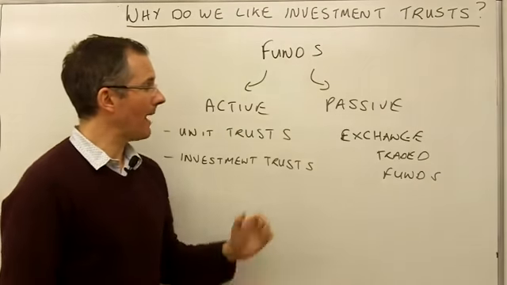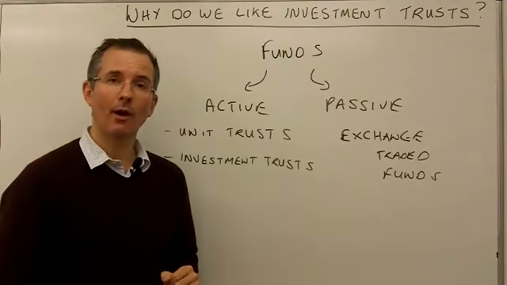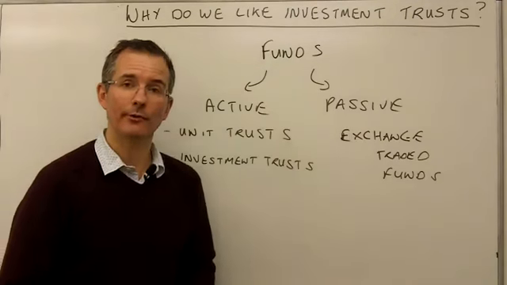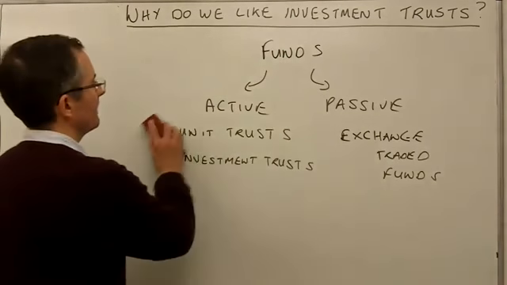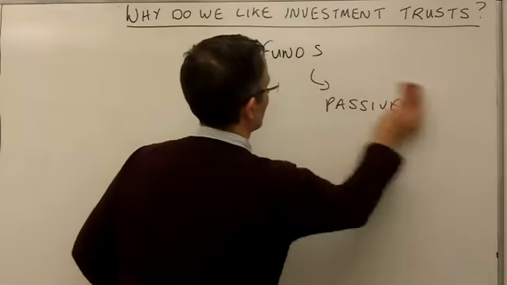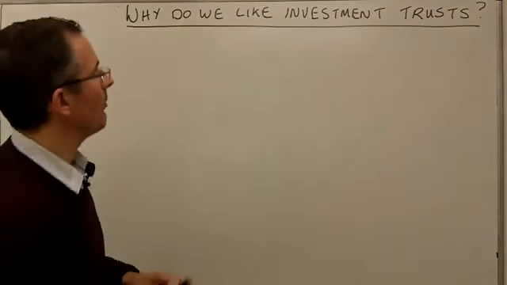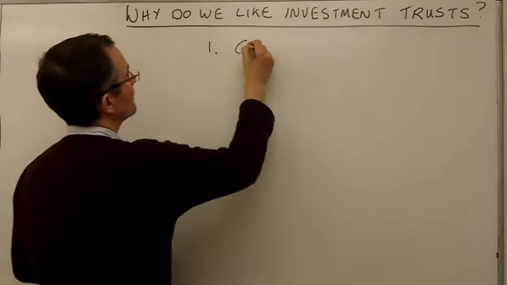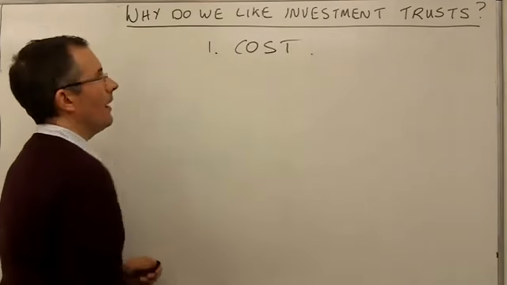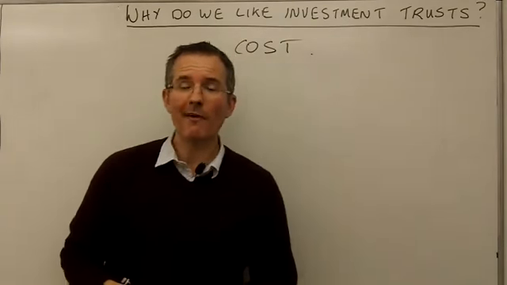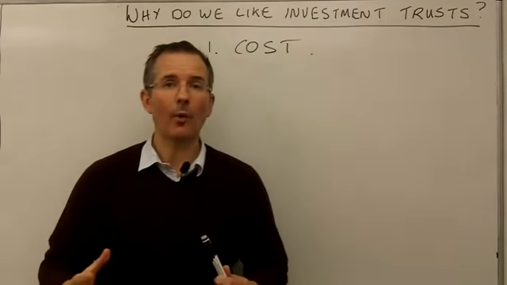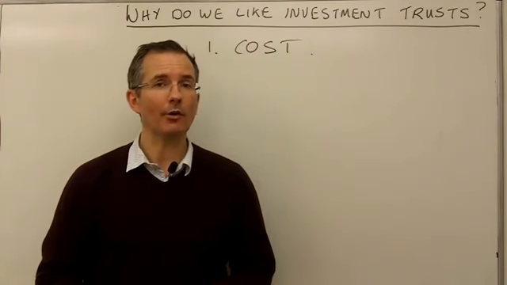So, what is it about investment trusts that we think often makes them more attractive than unit trusts? Number one, cost. And that's a very important one. For investors, you don't want to be throwing away more money than you have to every year on charges.